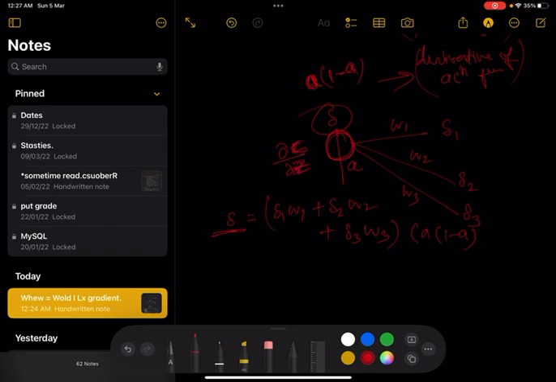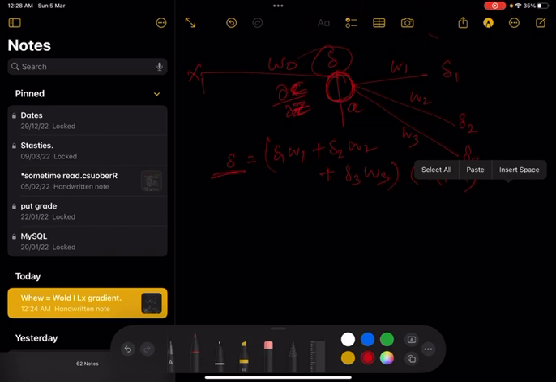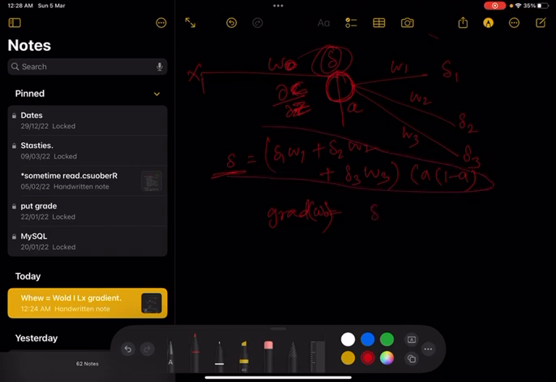Now let's say we have to update this weight w naught. Let's say this is x1. So it's very easy now. How is it easy? We know the gradient. The gradient for this w naught will be nothing but this delta that we have calculated here, multiplied by the input associated with this weight, that is x1.